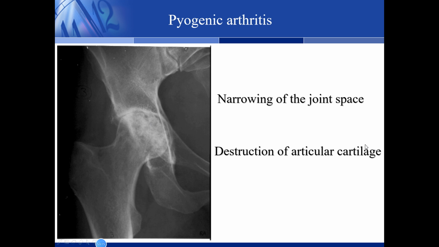It shows narrowing of the joint space in the film because the cartilage is invisible in the X-ray. So this is the pyogenic arthritis.